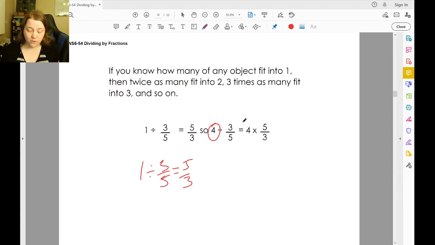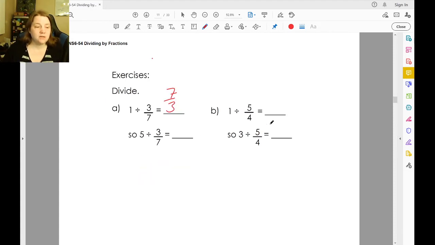When we had 4, we multiply 4 times the answer. So down here, 5 divided by 3/7 would be 5 times 7/3. 5 times the answer to 1 divided by 3/7.